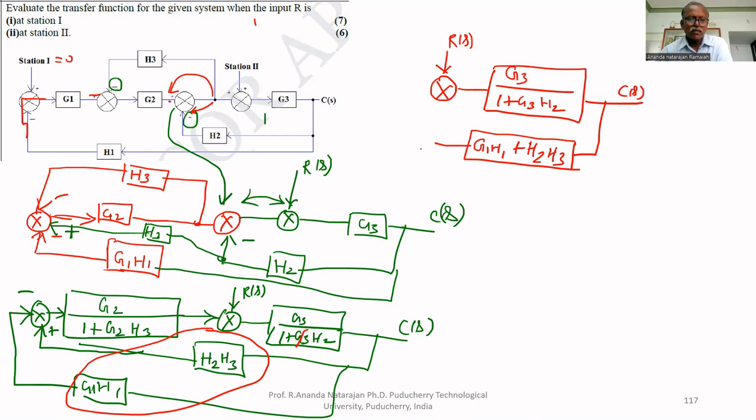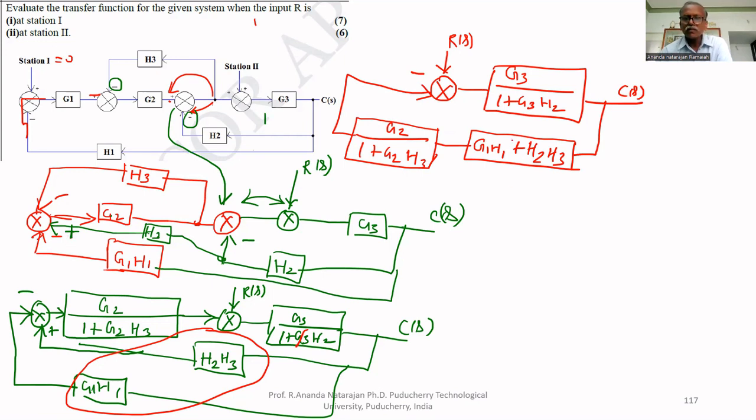In series with that G2, in series with that G2 divided by 1 plus G2H3 is there. This is negative feedback. This is also, because we put a negative here, one is positive feedback.